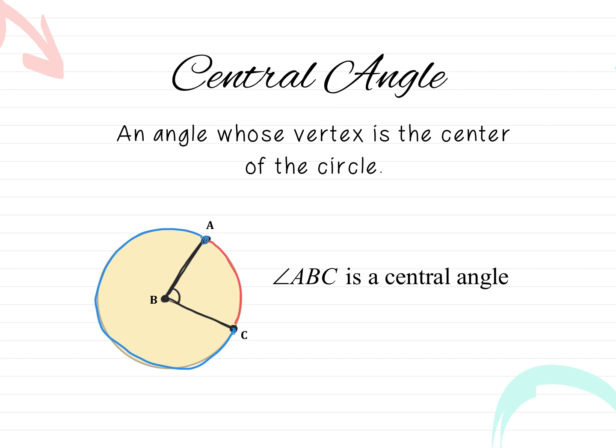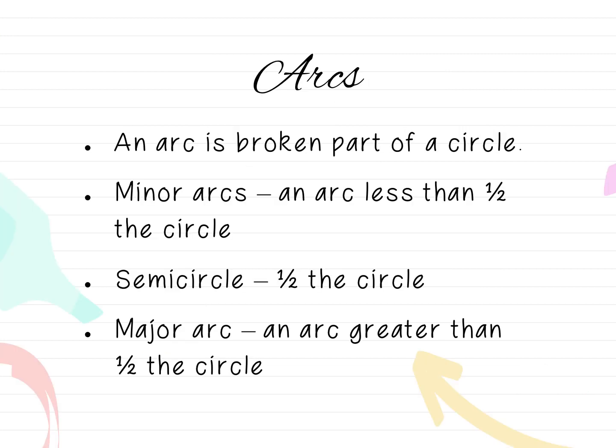What do they mean? Like I said in the last slide, an arc is a broken part of the circle. A minor arc is an arc less than half the circle. In other words, a minor arc is less than 180 degrees, and you name it using 2 points, basically the starting point and the ending point of it.